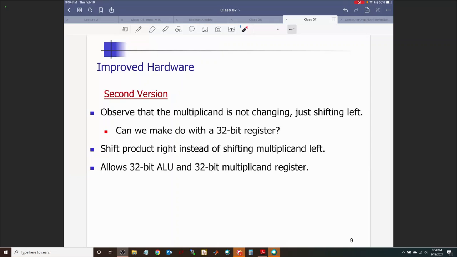Let's try to use only a 32-bit register for the multiplicand. Shift the product right instead of shifting the multiplicand left. These are both the same, right? Shifting the multiplicand to the left is the same as shifting the product register to the right. This will allow us to use a 32-bit ALU and a 32-bit multiplicand register.